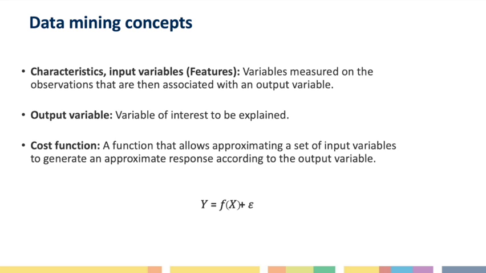And this is a set of variables that we use to try and explain a variable that we are interested in, an output variable. In statistics, in regressions, these are called predictors or explanatory variables. But here we call them inputs.